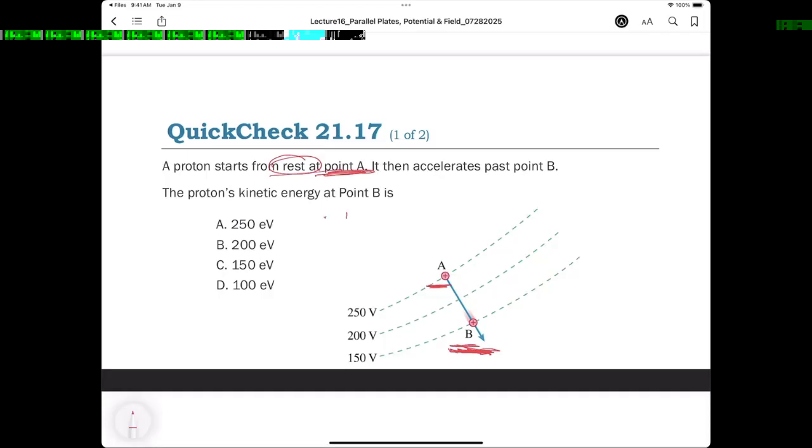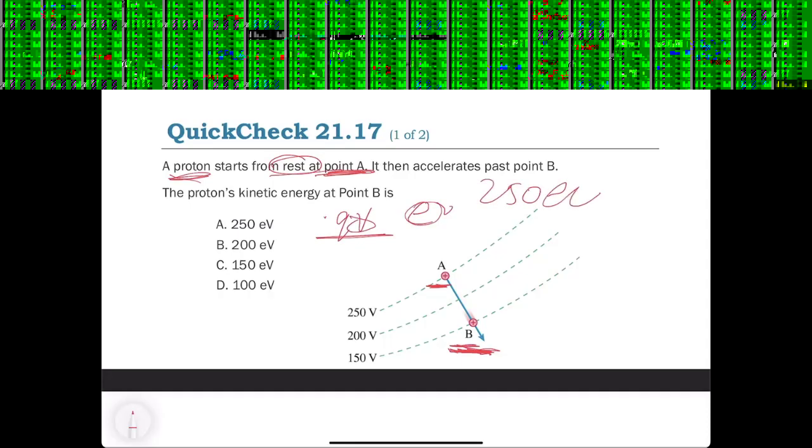That makes sense to you? So it only has qV. I'm right, and this is a proton, so it is 250 eV at point A. This is the electric potential energy.